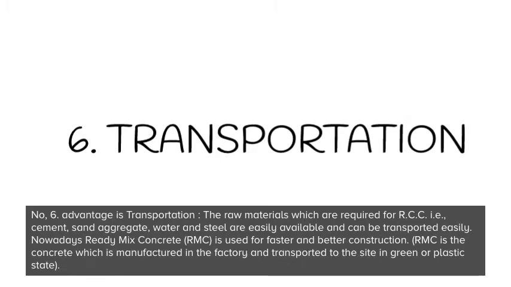The raw materials which are required for RCC, i.e., cement, sand, aggregate, water and steel, are easily available and can be transported easily. Nowadays ready-mix concrete, RMC, is used for faster and better construction. RMC is the concrete which is manufactured in the factory and transported to the site in green or plastic state.